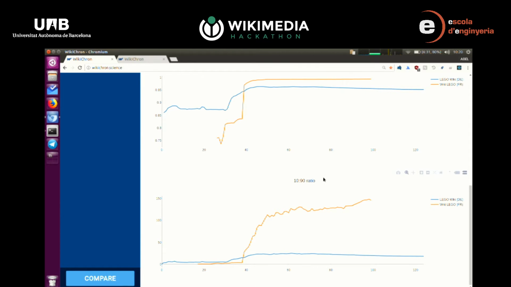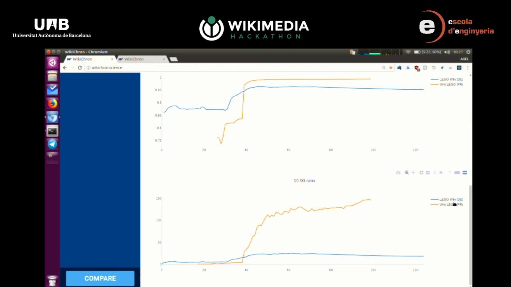But also the Dutch wiki has an equal distribution. So the problem of these graphs is that they can be misleading because we have a scale that fits the bigger one. So here we have this axis, but this looks almost flat, right?